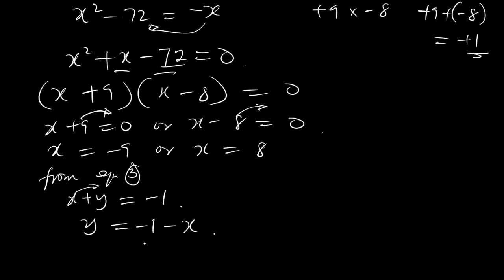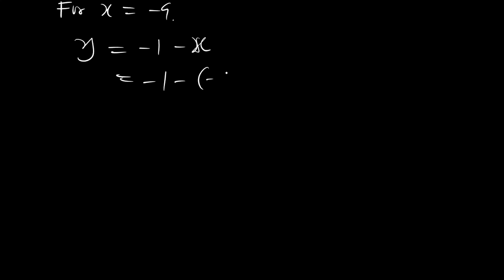Since we have calculated our x, which is minus 9 and 8, for x equal to minus 9, y is equal to minus 1 minus x, that means you have minus 1 minus minus 9.